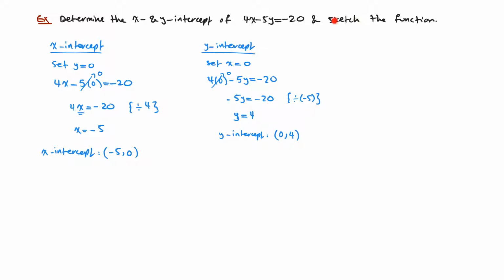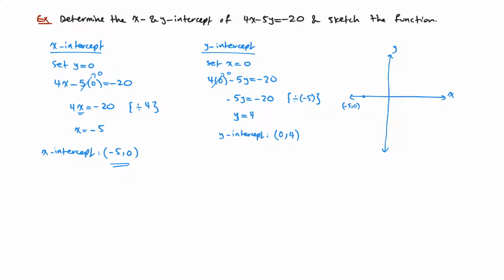Finally, I have to sketch the function. So to sketch, I will not have exact values, but I will try my best to have a nice x and y coordinate. Going to label x and y, and then I need at least 2 points, and I have the 2 points over here. I know that my x-intercept is at negative 5, 0, so I will label that as negative 5, 0 there.